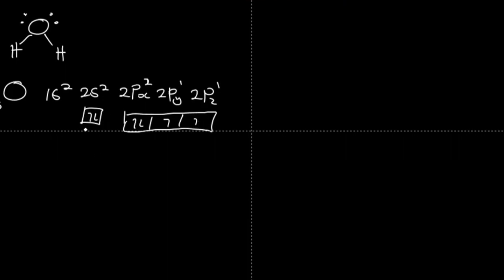Alright, so what we need is to get four hybrid orbitals. So basically what we are doing here is we have this, if this is the energy profile, we have the s orbital, that is a 2s orbital with 2 electrons in there, and then we have the p orbitals at a higher energy.